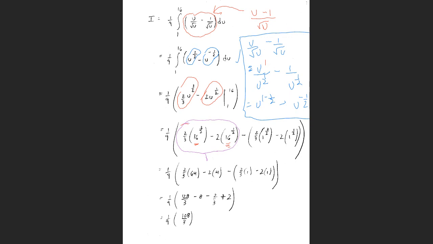And then from there, we're going to put the 1 in for the u. So we're going to be subtracting 2/3 times 1 to the 3/2 power minus 2 times 1 to the half power.